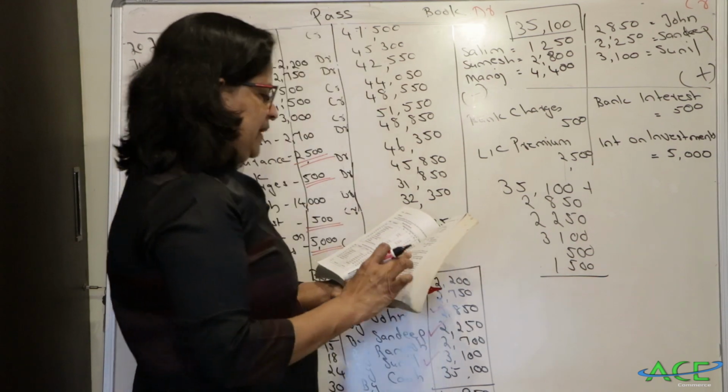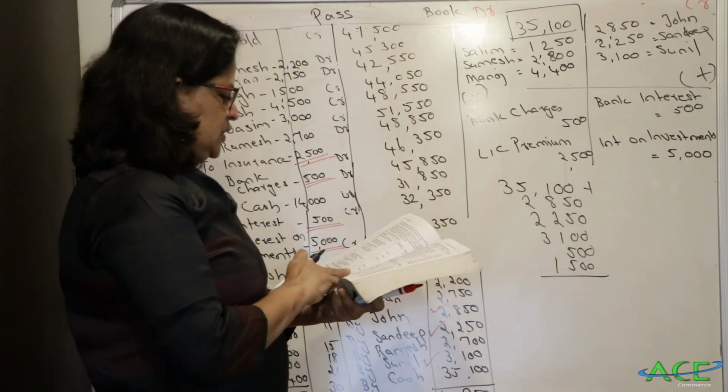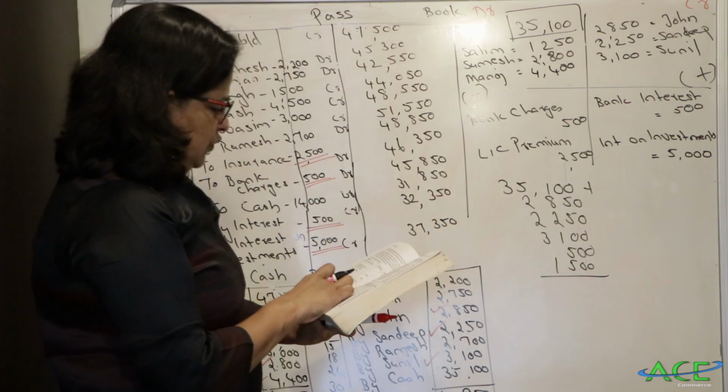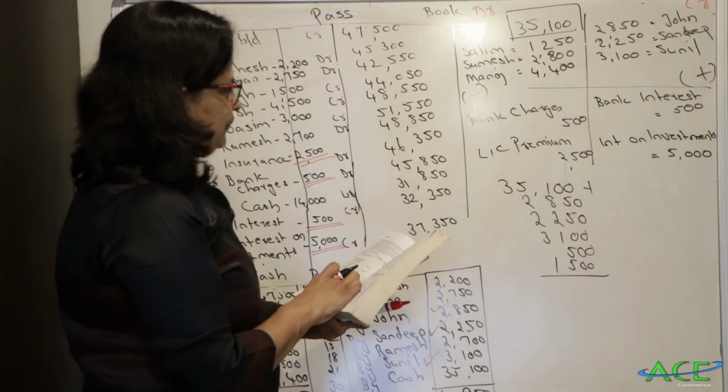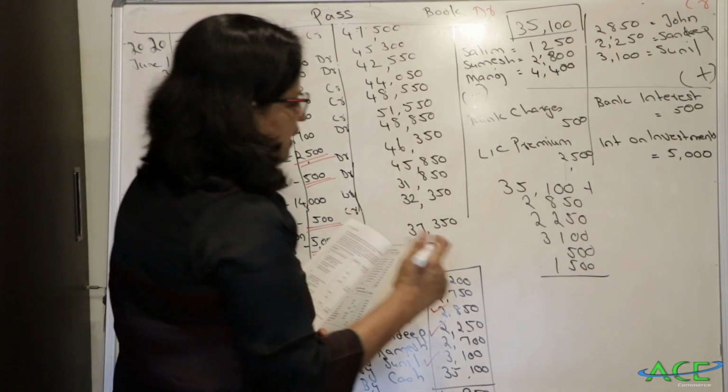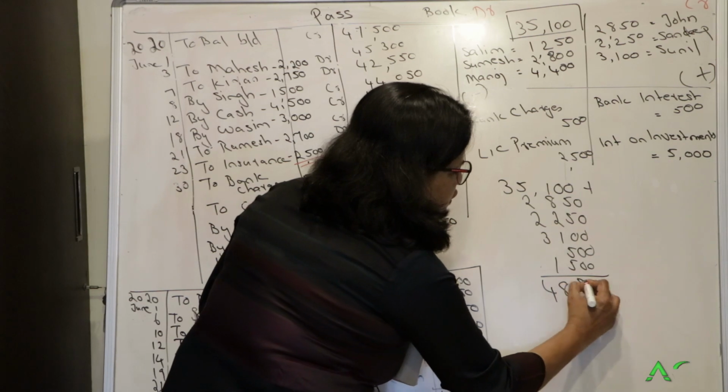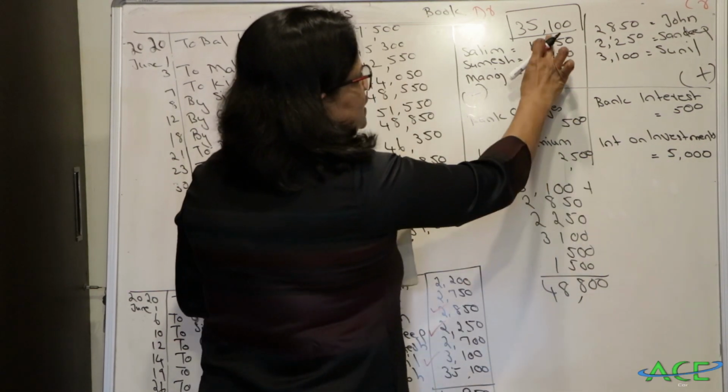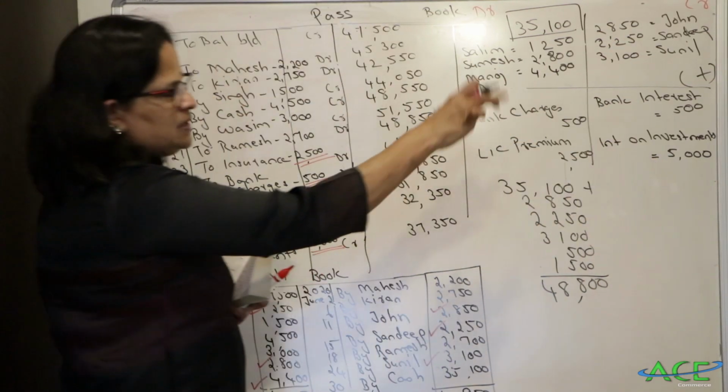So the total of these values is 48,800. We started with 35,100 and added all this.